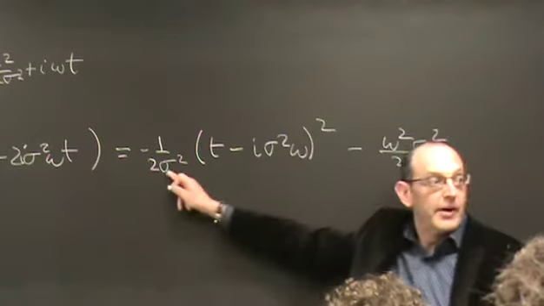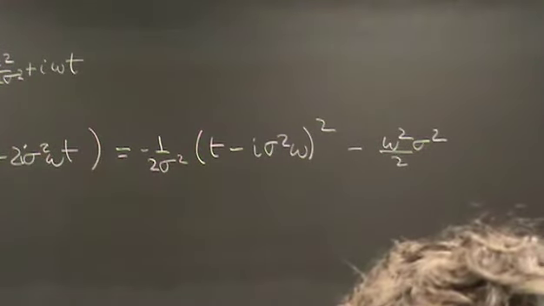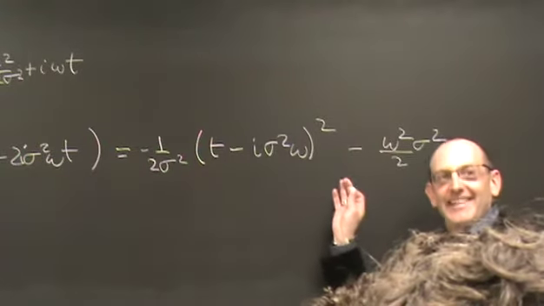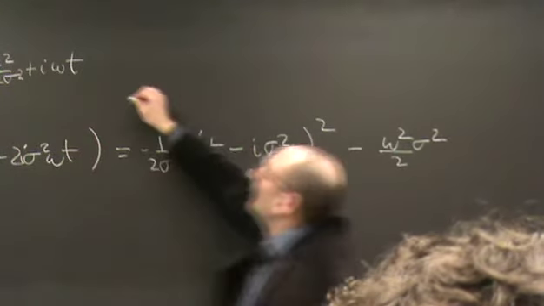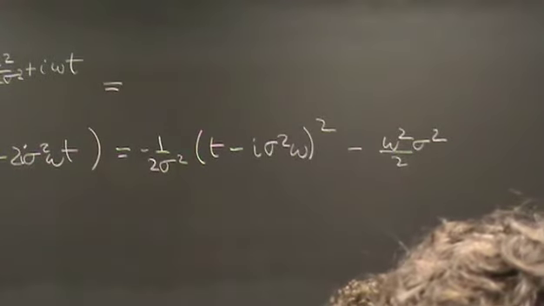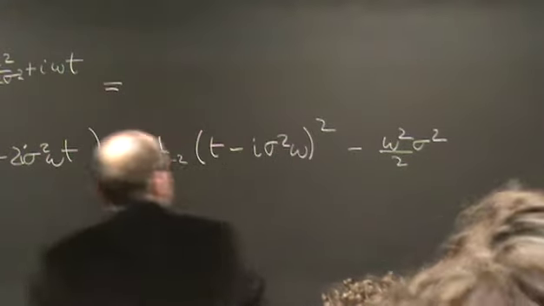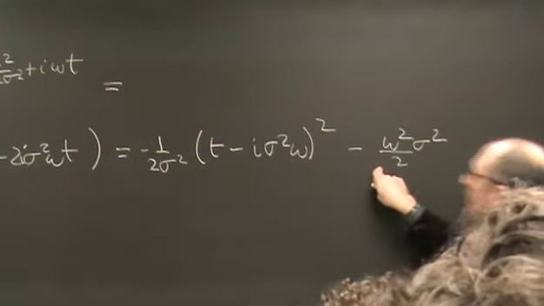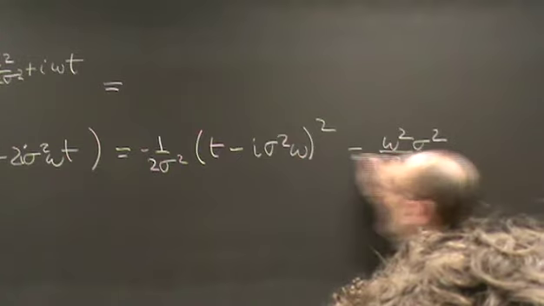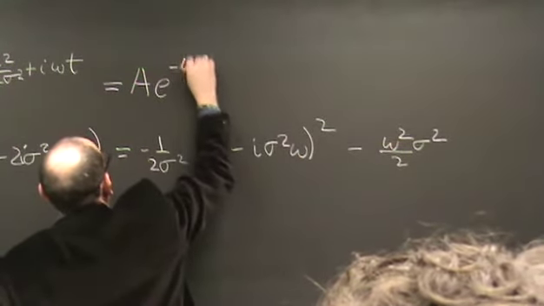There's a 1 over sigma squared, and that's where that comes from. Yep. Good. I'm glad people are actually paying attention. That's excellent, because I certainly will make mistakes, as you have seen. All right, so we completed the square. This now doesn't depend on t, and so factors outside of the integral.